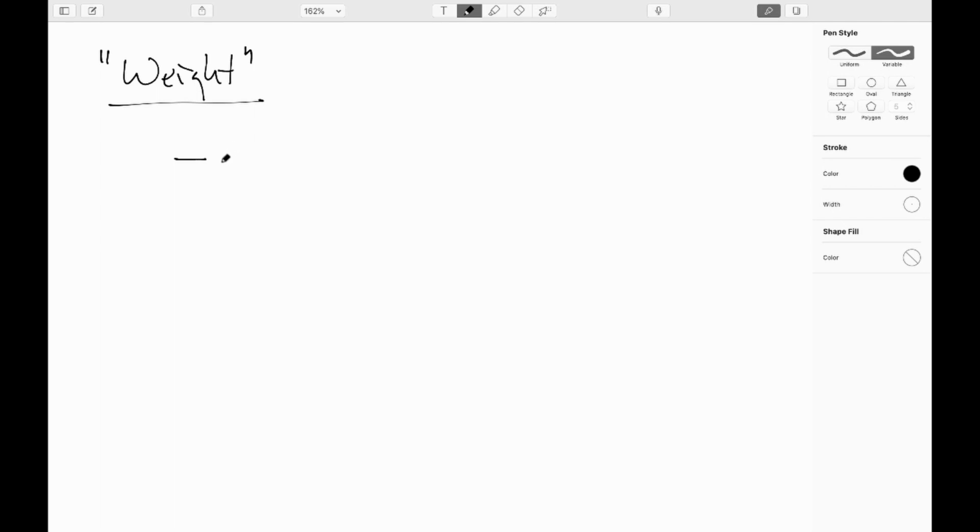The one is what a lot of books will also just call the apparent weight. So this is what a scale reads when you stand on it.